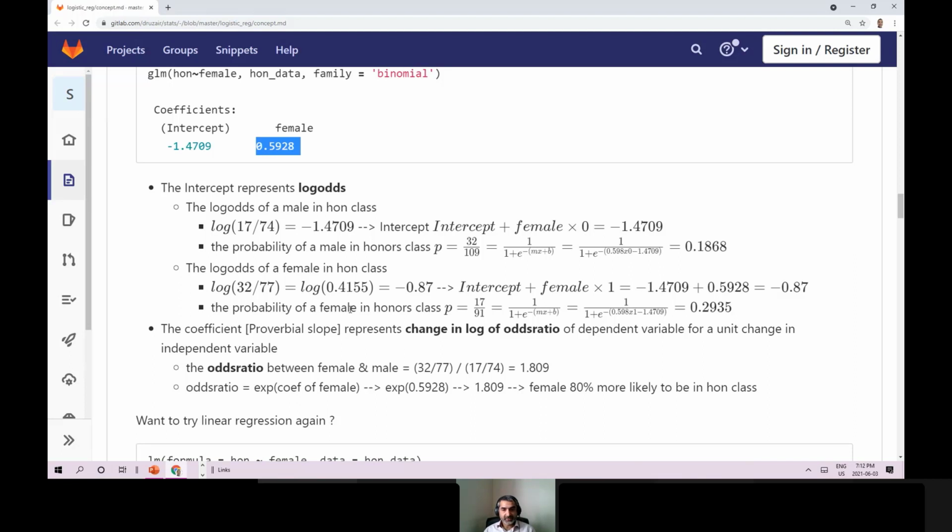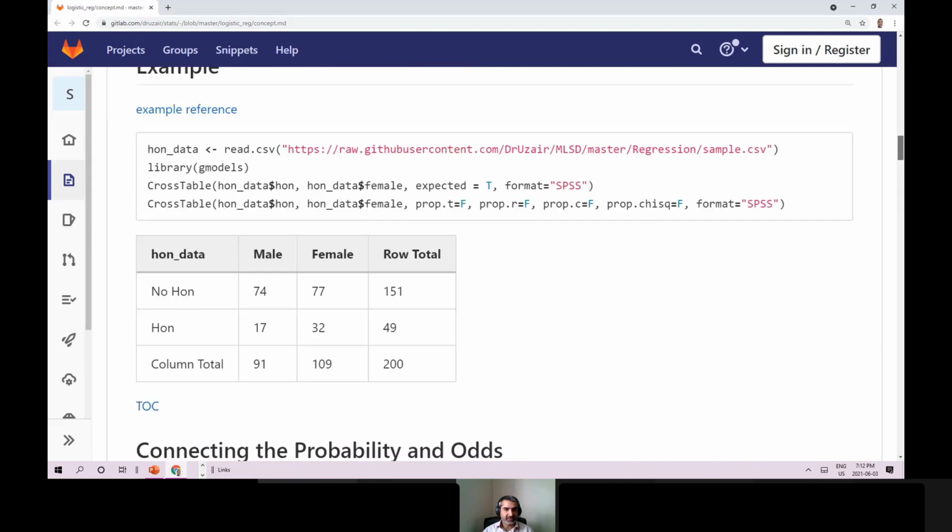So this is the log of odds for the female in the honors class. If the gender is male, in that case, this will be multiplied by 0, and the log of odds for a randomly picked male to be in the honors class is minus 1.47. So looking at the data, you can see fewer males are in the honors class, right? Fewer males compared to females.